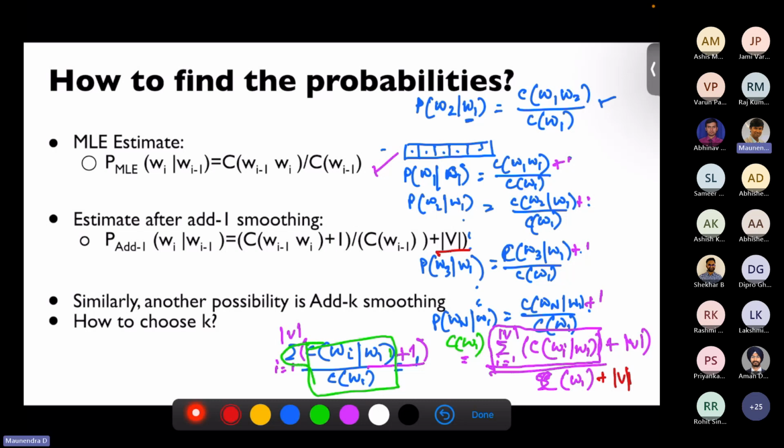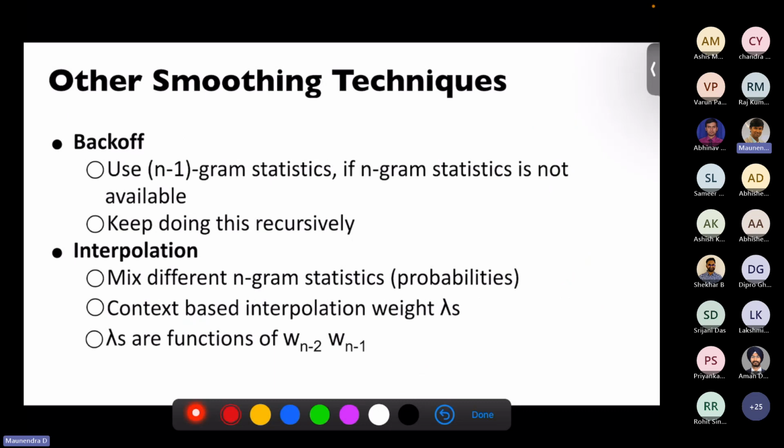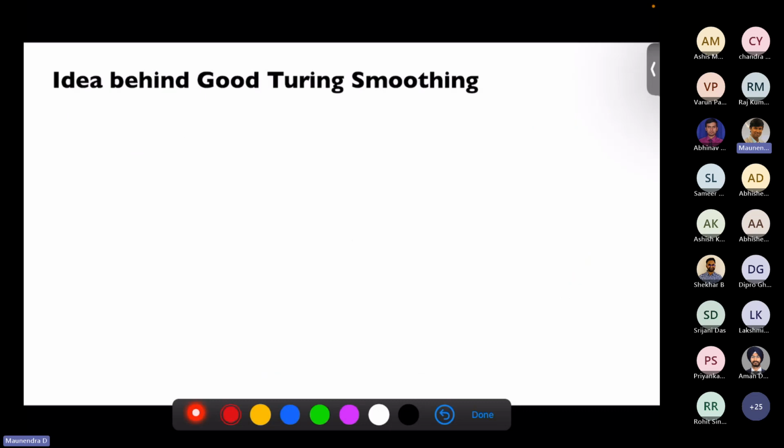Sir, can you please explain this part once more? Okay. Let us see if I can have a blank slide somewhere.